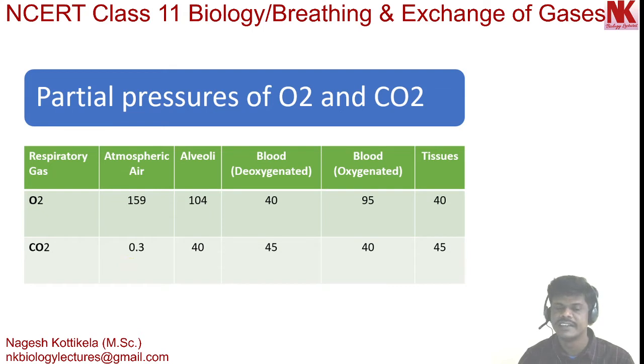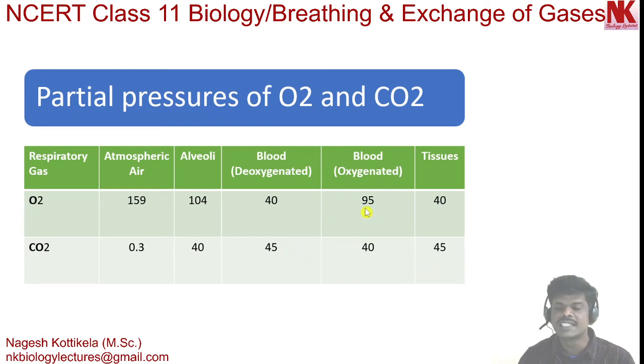Moving to the next, in alveoli, partial pressure of oxygen is 104 mm of Hg, and partial pressure of carbon dioxide in alveoli is 40. Next, in deoxygenated blood, partial pressure of oxygen is 40 mm of Hg, and partial pressure of carbon dioxide is 45 mm of Hg.